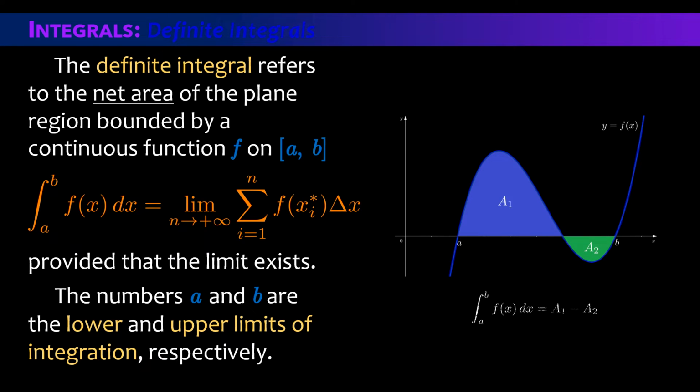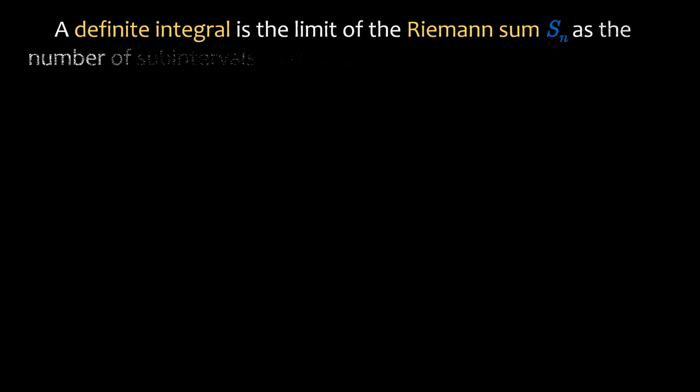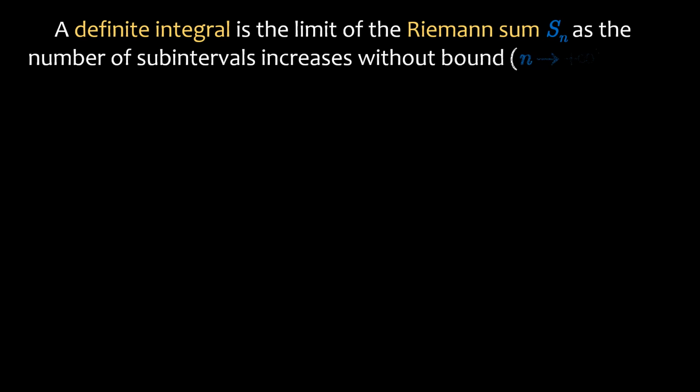The definite integral represents the difference between the area above the x-axis and the area below the x-axis, in other words, the net area, from x equals a to x equals b. A definite integral is the limit of the Riemann sum as the number of subintervals increases without bound.